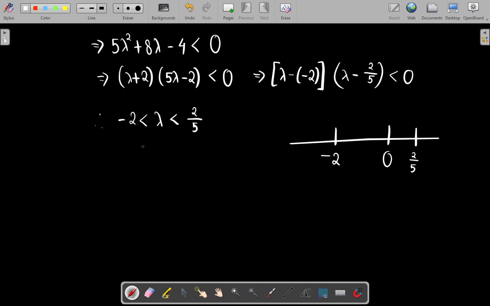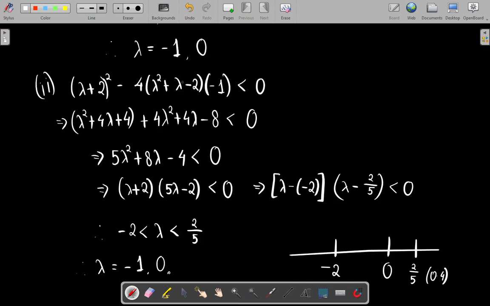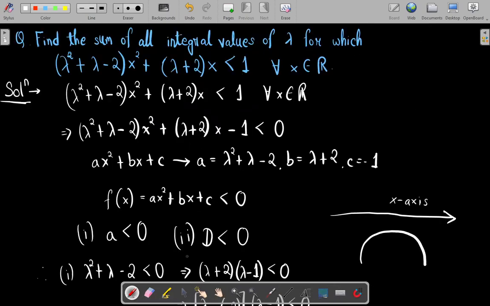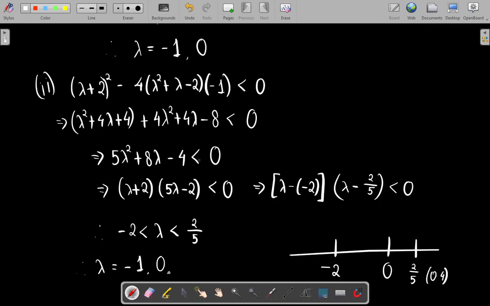So in this case lambda can take the integral values -1 and 0, and no, it cannot take 1. 2 by 5 is like 0.4, so it is less than 1. So these are the two values it can take. So we get the same two values, -1 and 0. So apparently the sum should be -1 plus 0, which is -1.